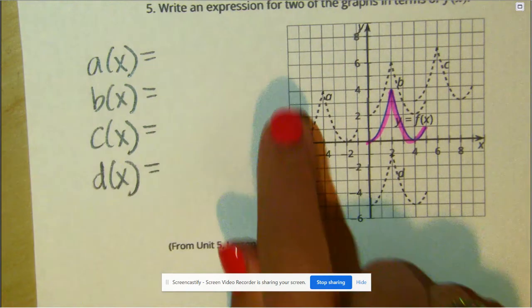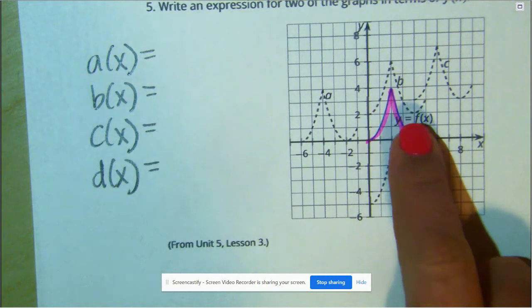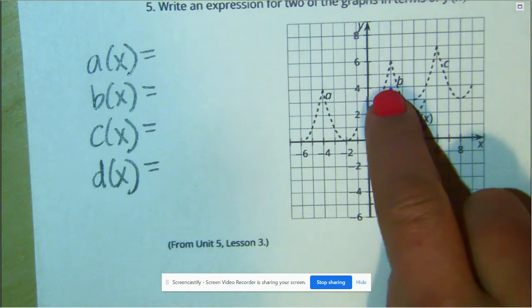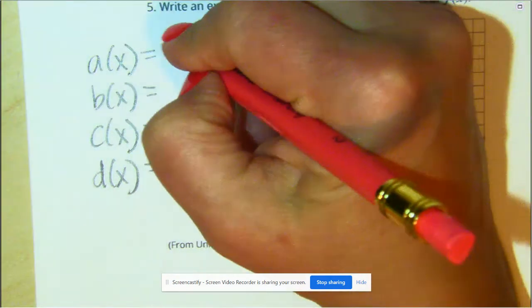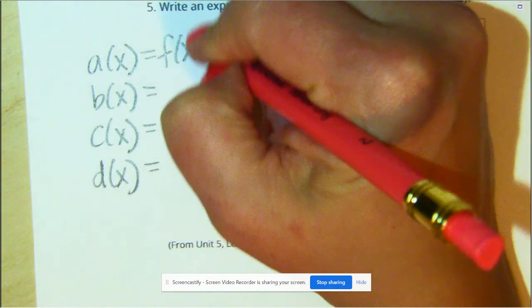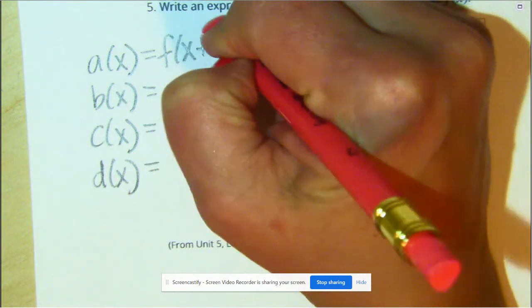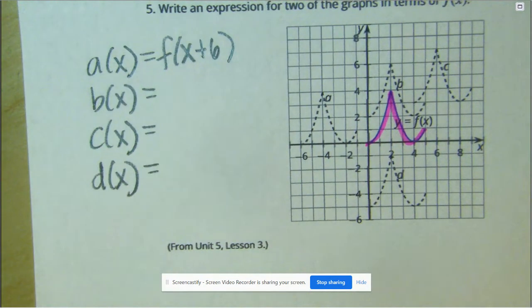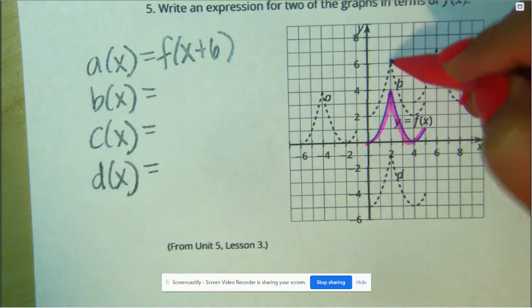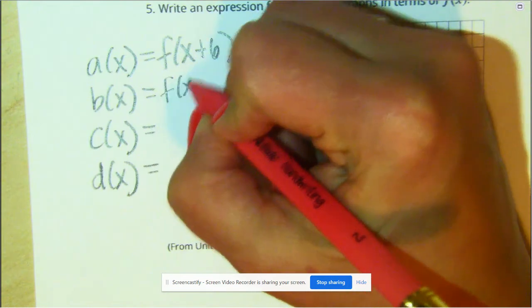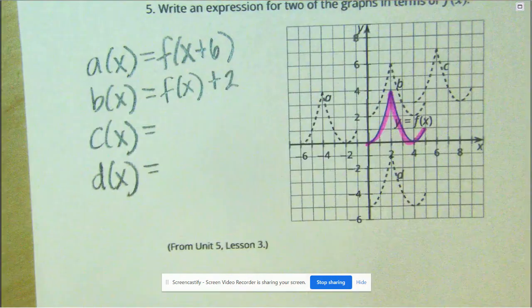So to get A from this one, I need to take f of x and shift it 1, 2, 3, 4, 5, 6 to the left. 6 to the left would be a plus 6, f of x plus 6. To get B, I need to take f of x and shift it up 2, f of x plus 2.